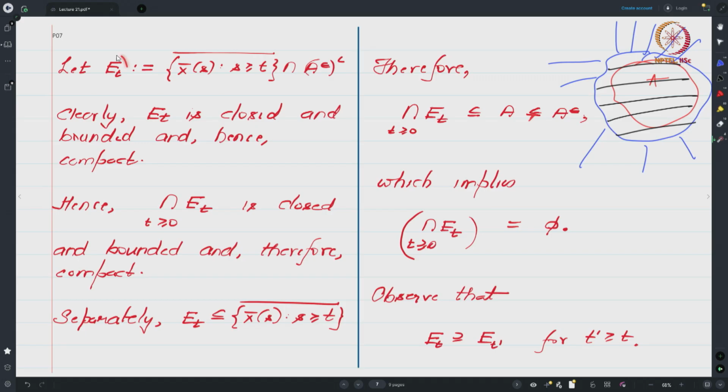Well, recall that Et has some elements contained over here and some elements which are outside A epsilon. Now, this intersection of Et similarly will have some elements in A and some elements outside A epsilon, but we have managed to show that this intersection of Et actually lies within A.